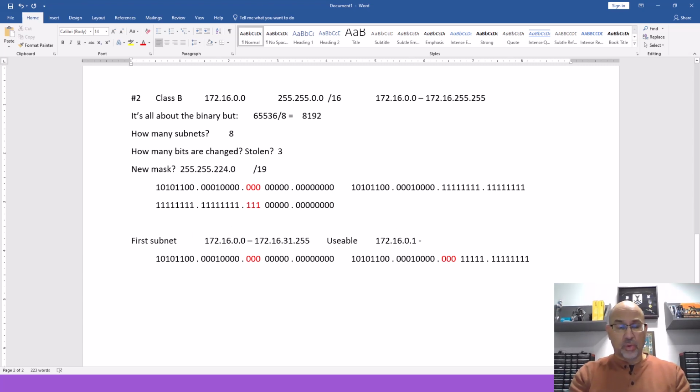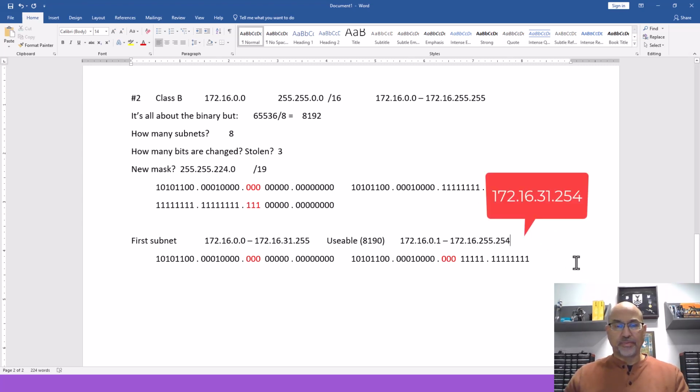And we go to 172.16.31.254. Again, one less than the possible address space. So the usable in this case is not 8192, it is 8190. Right? And where might a router sit? Well, it might sit right here on the top of this address space. Okay, what's our second subnet?